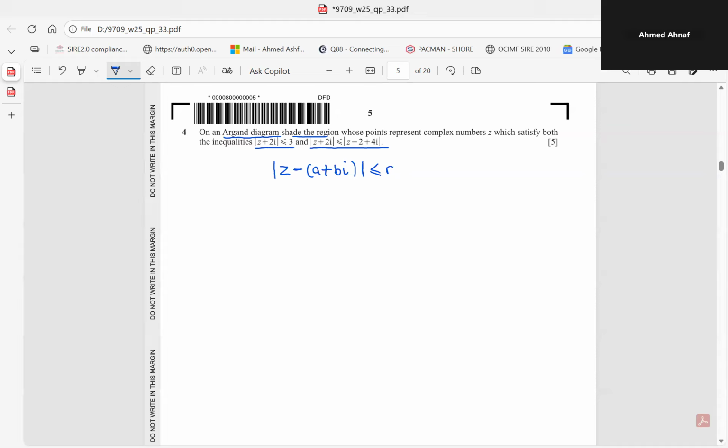So in our case, when you factor out -1 from the 2i, you would get modulus of z minus (-2i) less than or equal to 3. So our coordinates for the center would therefore be, since there's no real part, the x coordinate is 0.